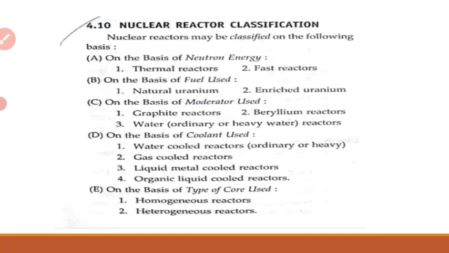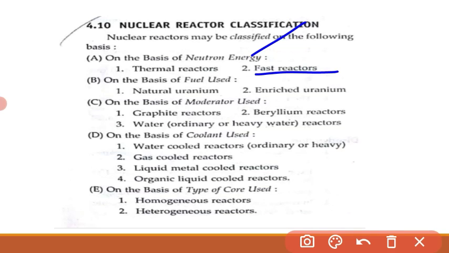Nuclear reactors may be classified on the following basis. The basis depends on the neutron energy: thermal reactors, fast reactors. On the basis of fuel used, either natural or enriched uranium. On the basis of moderator used: graphite reactors, beryllium, water reactors.